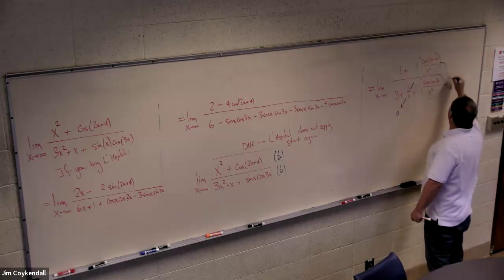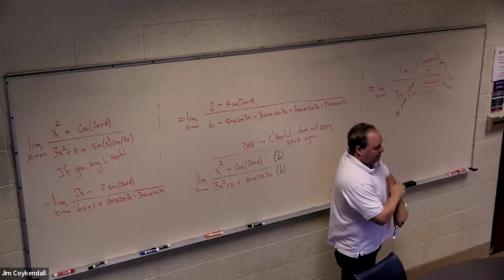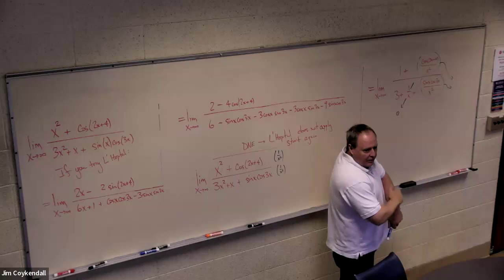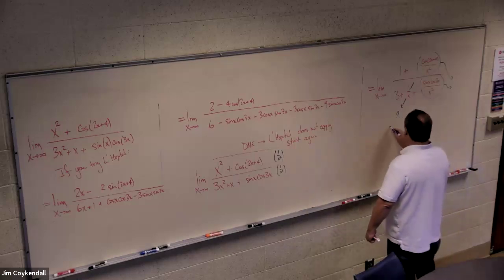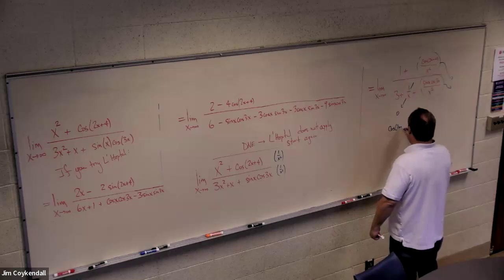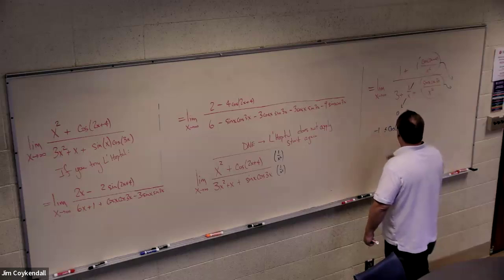Does anybody know what theorem we have that makes these two go to 0? Can I squeeze it out of you? So notice that, for example, cosine 2x plus 4 is between 1 and minus 1.